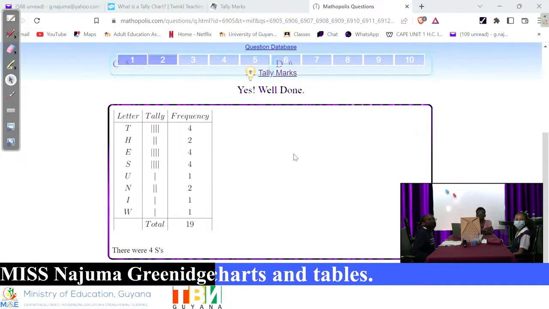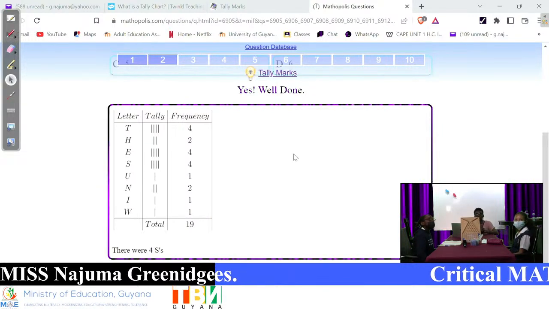Notice the letters that repeat themselves are in the letter column only once. You're only showing the repetition in terms of the frequency. So they have 4 T's.